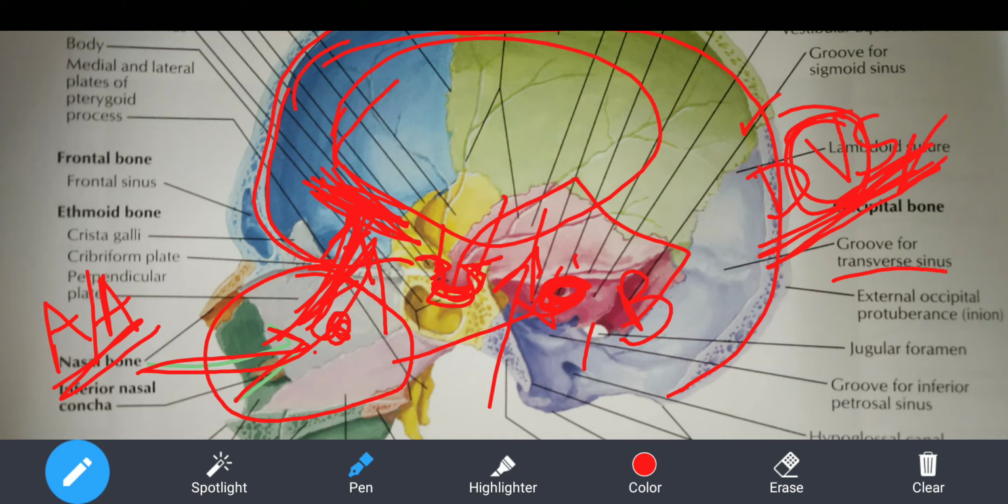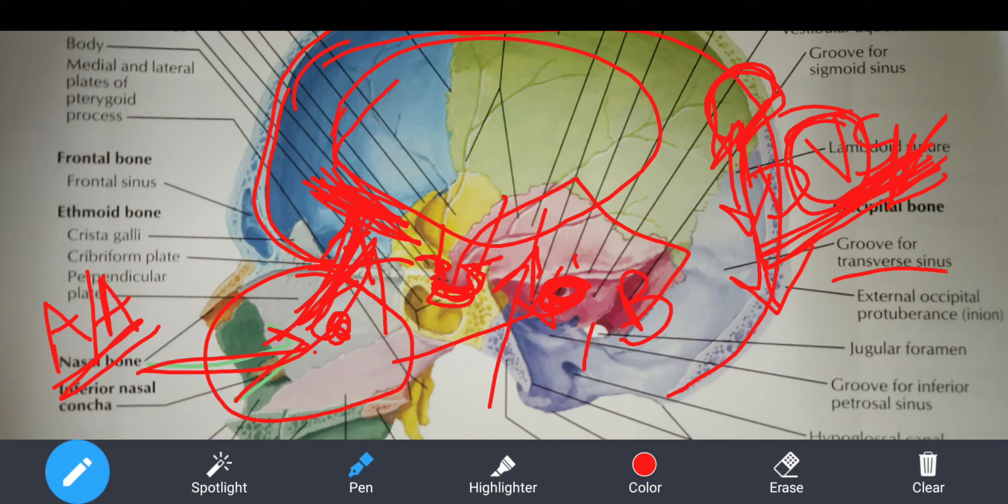One way connection: a cavity having blood, pouring into the venous system. Simple, one way. But the flow of blood in these dural venous sinuses is bidirectional; it flows in both directions.